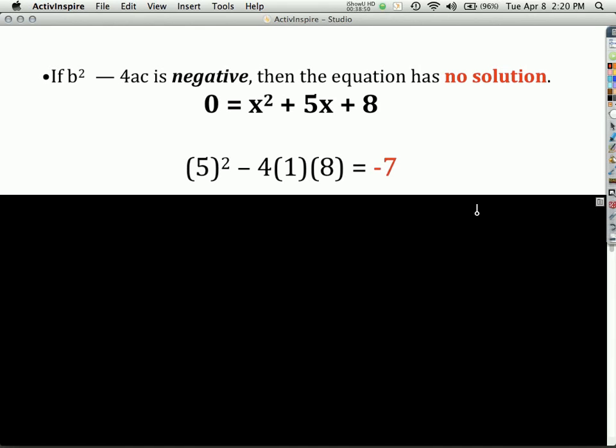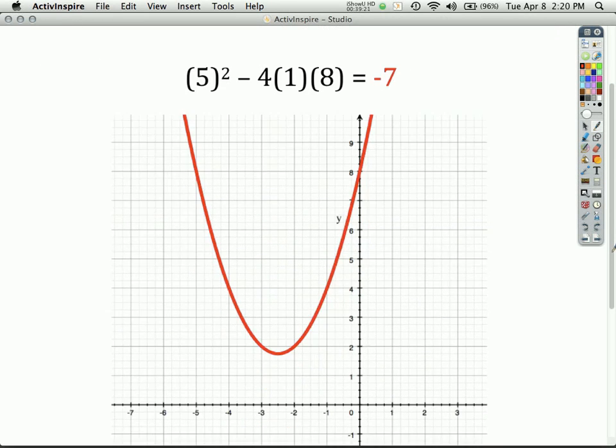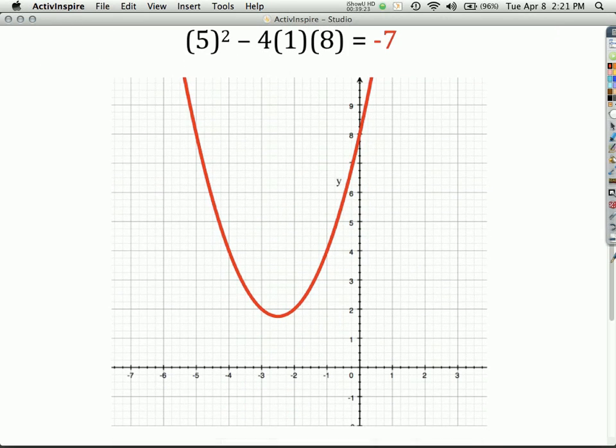Which means if we were doing the quadratic formula, we would have to take the square root of negative 7, which you're not allowed to do. So when I reveal the graph, what's one major detail about the graph that will jump out at us based on that information right there? One, two, three, 4, 5, 6 people, 7 people. Edgar? Very good. So here is the graph, and you can see clearly that it never touches the x-axis.